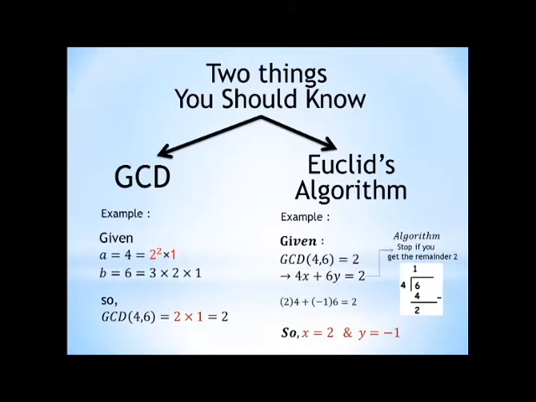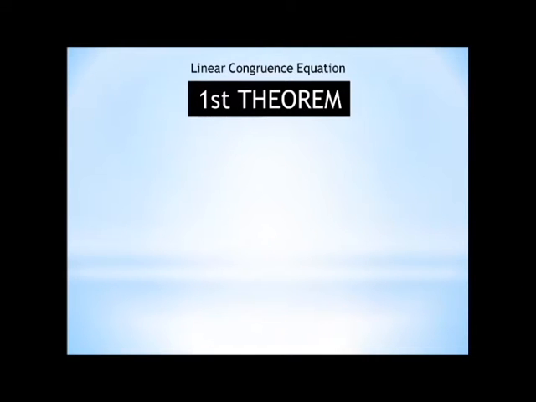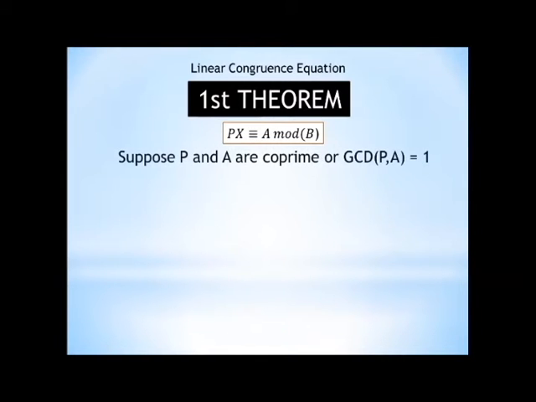Okay, after we know this basic concept, we can go to the theorems. The first theorem: given the congruence equation Px ≡ A mod B, suppose P and A are coprime, or in other words, the GCD of P and A is 1.